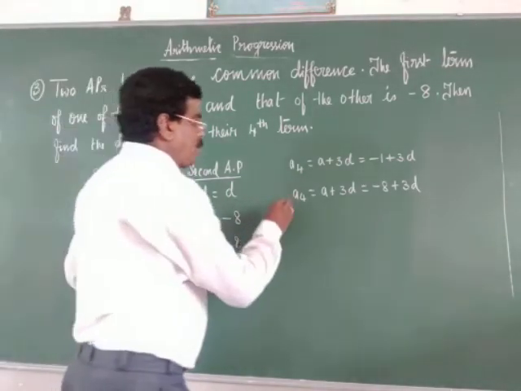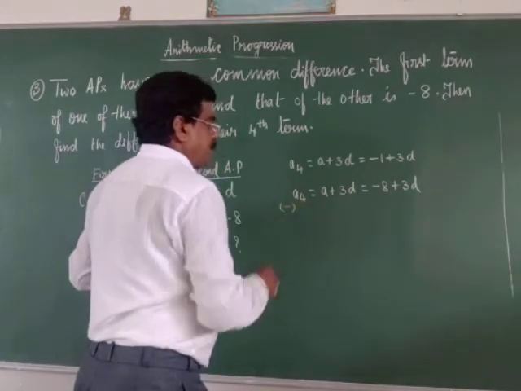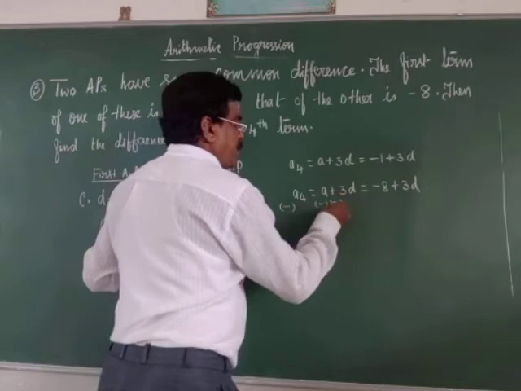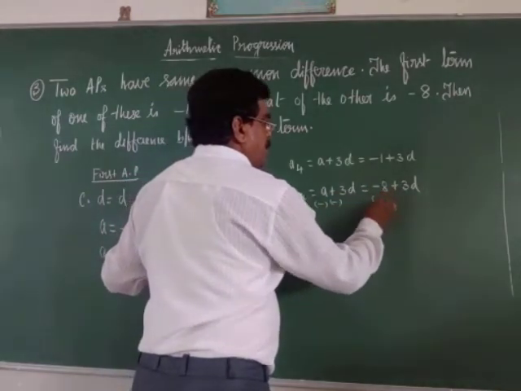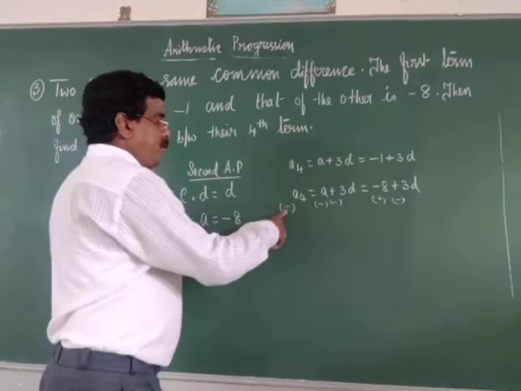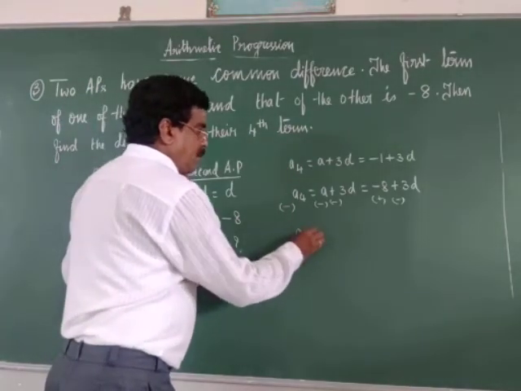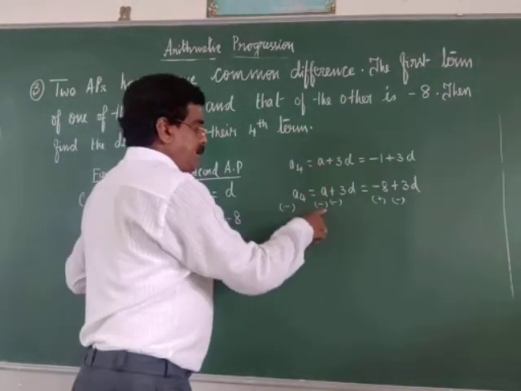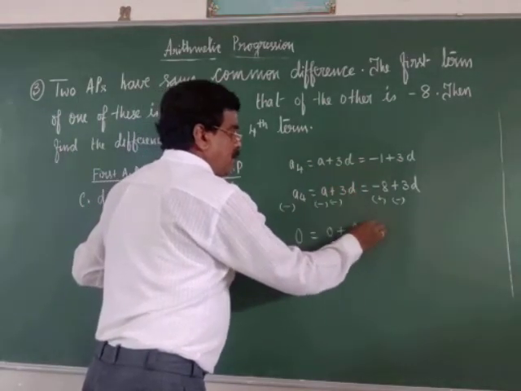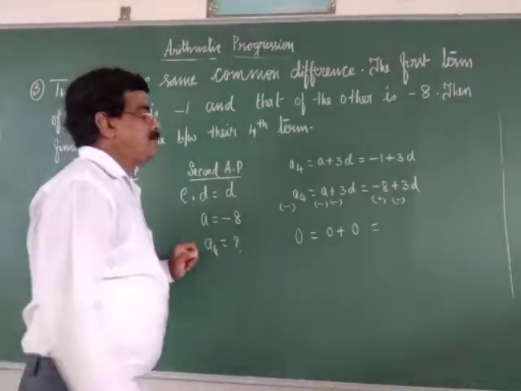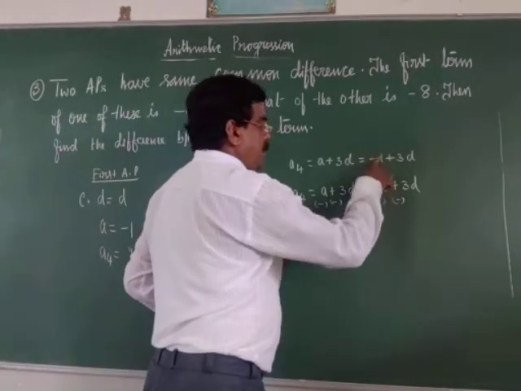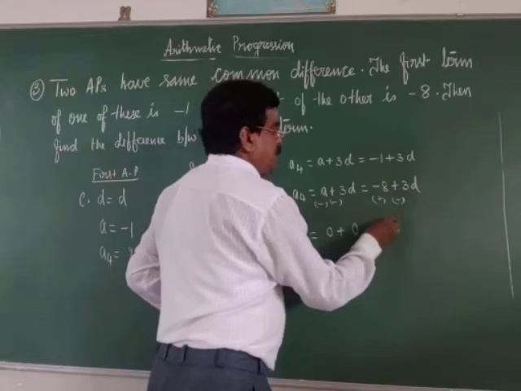If you subtract, this becomes minus, and minus becomes plus. So a4 minus a4 is 0, and 3d minus 3d is 0. Plus 8 minus 1 is 7.